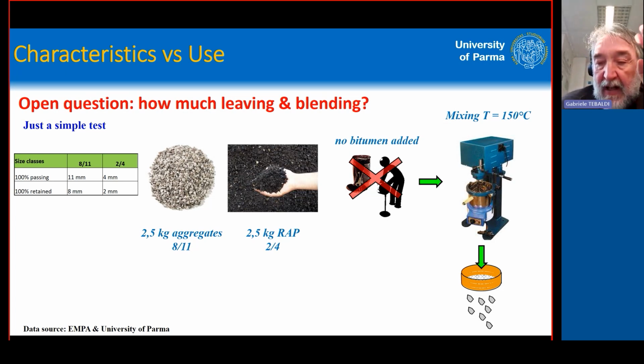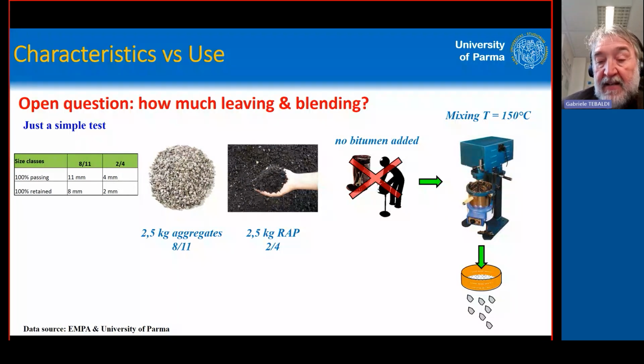We did a test a long time ago when I was cooperating with EMPA, and we did a mixture with just natural aggregate, coarse and fine, with a very clear difference in the size distribution in order to have a fast separation with a sieve.